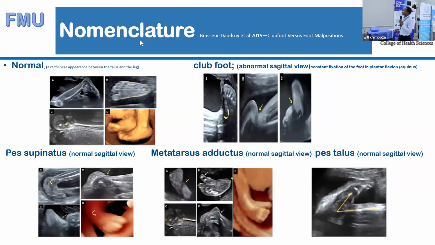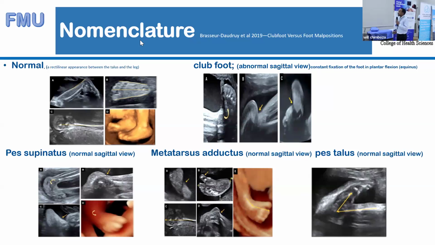Then, according to this paper, they developed this nomenclature. They emphasize that these are the three main images that we might need to make the diagnosis, whereby in club foot, there's no rectilinear relationship, there's supination of the foot, and there's forefoot adduction.